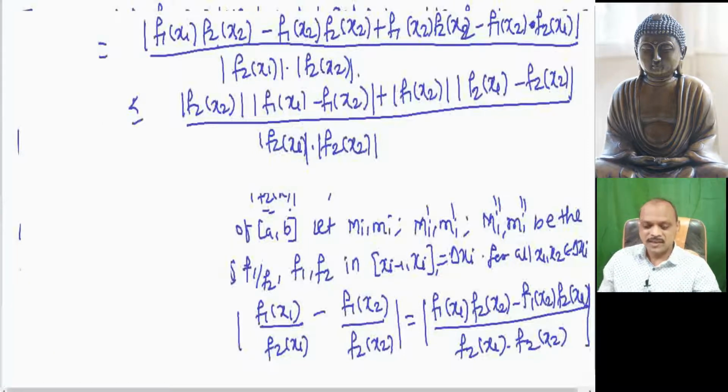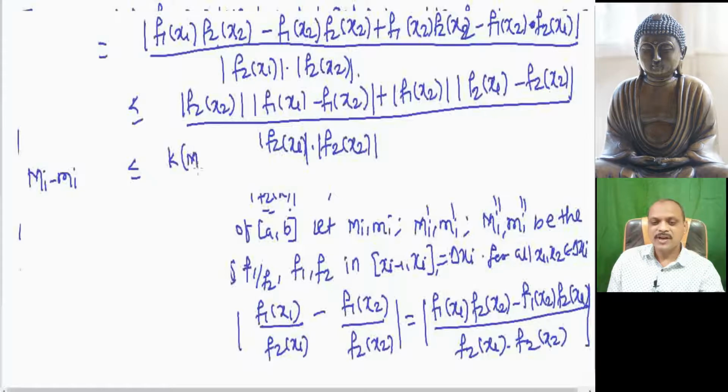You can see that this is less than or equal to, so this is what? Capital Mi minus small mi supremum, and k into capital Mi dash minus small mi dash plus k into capital Mi double dash minus small mi double dash, right?